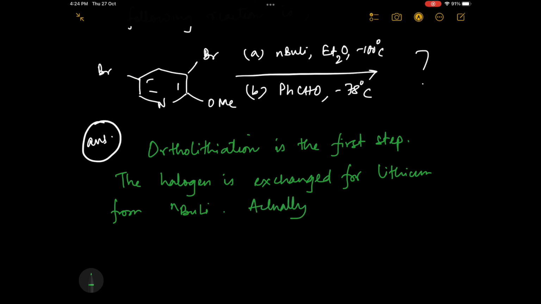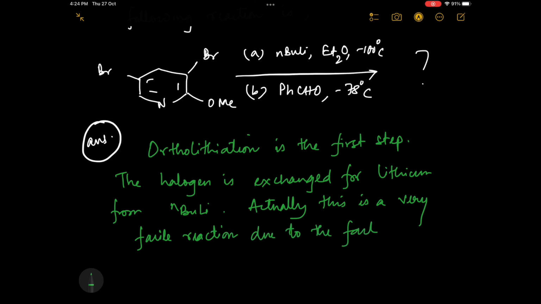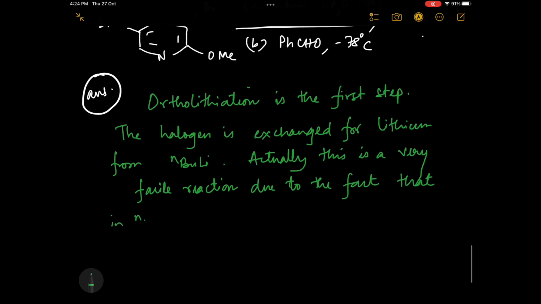The reason why it is a very fast reaction, or a reaction that is very easy to perform, is that in nBuLi the lithium is present on an sp3 hybridized carbon, so the negative charge is on an sp3 hybridized carbon, which is not that good.